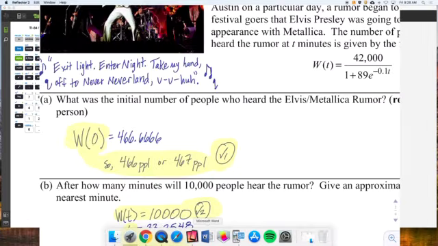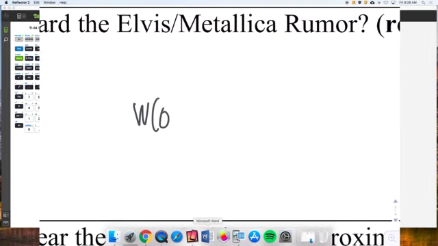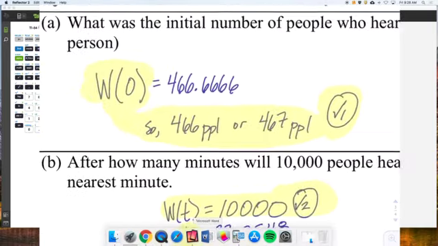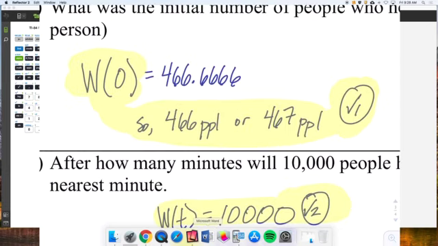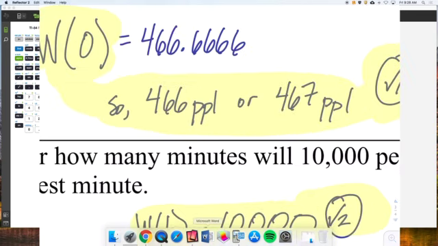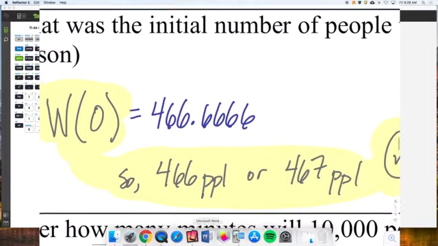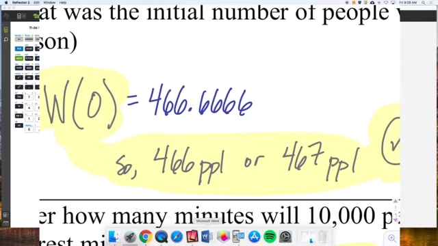So most people just wrote W of 0 equals 466 people, or W of 0 equals 467 people, which is good. If you are going to write out the 3 decimals, W of 0 equals 466.666, and then you're going to round, you cannot use an equal sign again. So notice I did that, but I didn't use an equal sign. I said, so 466 or 467. You could also say squiggles 466 or 467.